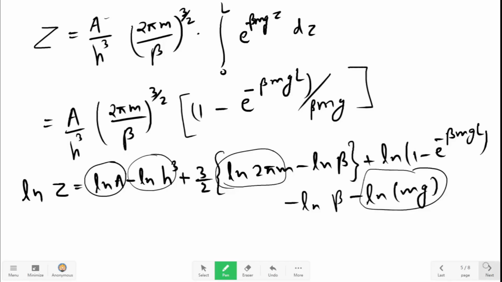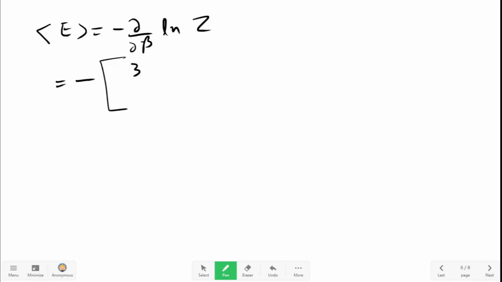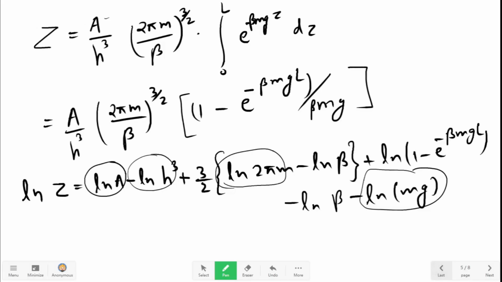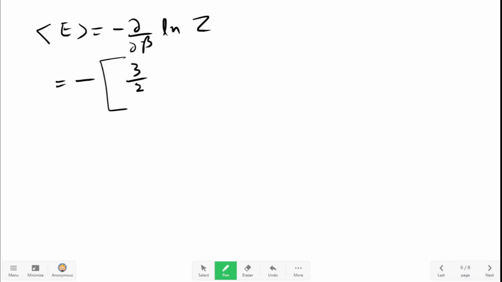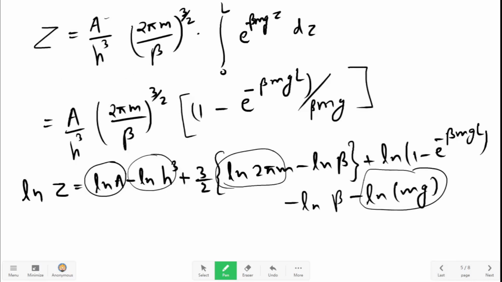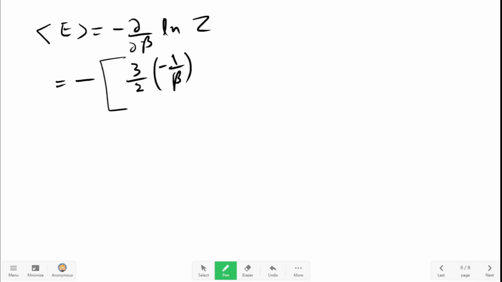From the remaining terms we have 3/2 times minus 1/β. It is the derivative of this term, and 3/2 is from outside. The derivative of this term is 1 divided by 1 minus e raised to minus βmgl.